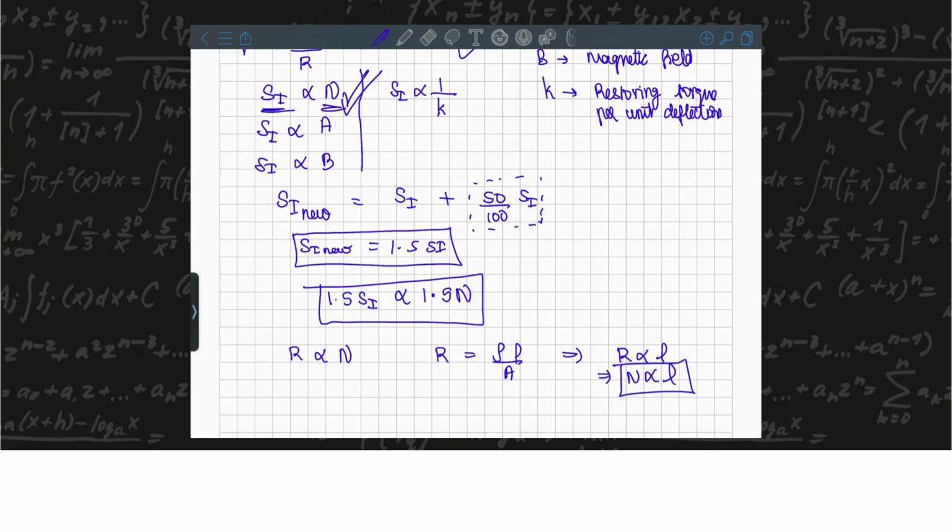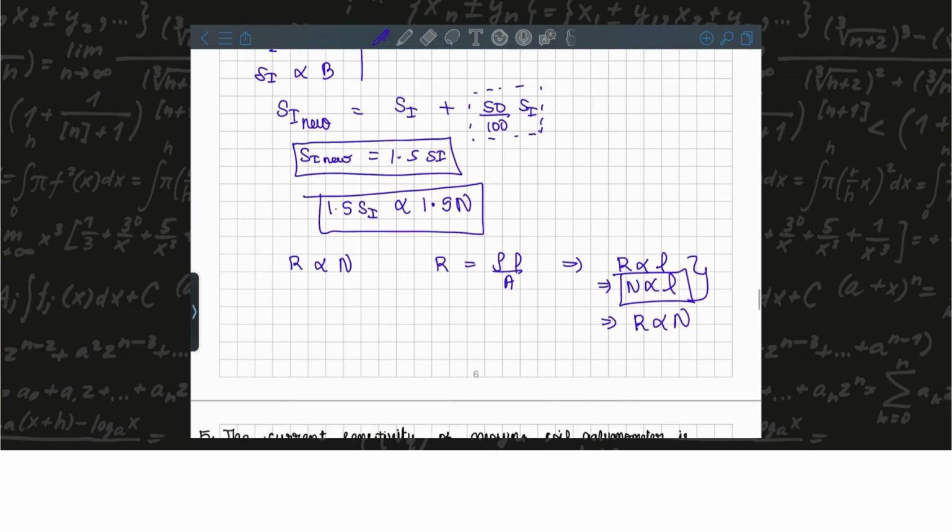So from both of these relations, I can say that R is directly proportional to N. Correct. So if that's the case, then if N is going to be increased by 1.5 times, then R is directly proportional, so 1.5 times R. Okay.